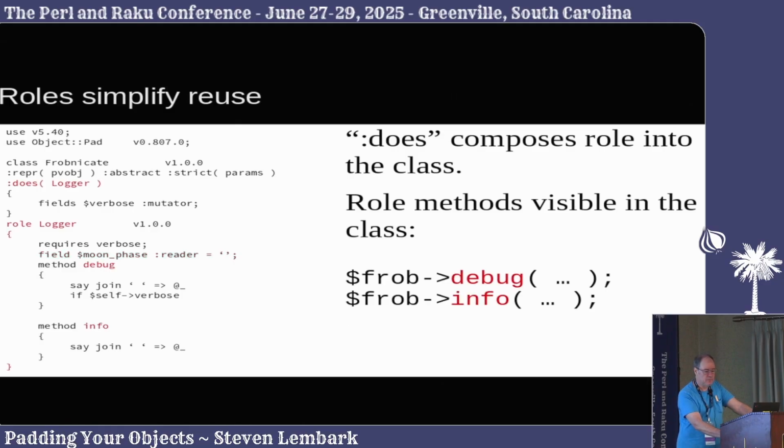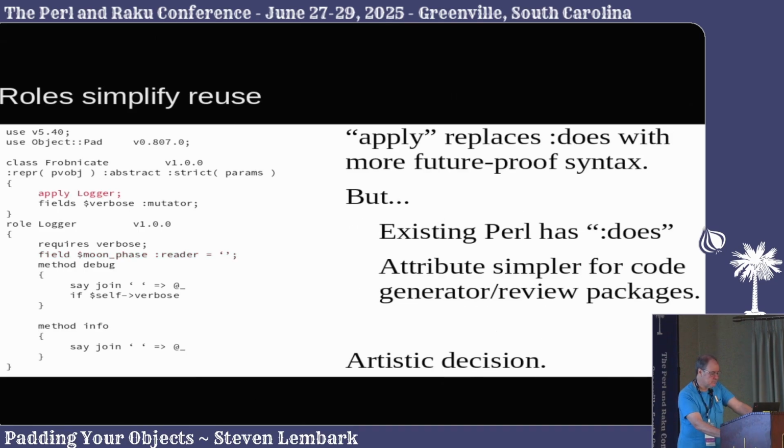Does that make sense? Because in some languages, if you add a role in, you can access its fields also. That's not true here. So in this case, I've got the logger, I've got debug and info. If I want moon phase, I have to access it as a method. I can also say apply logger.